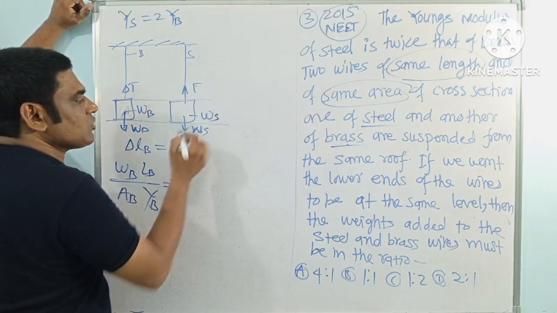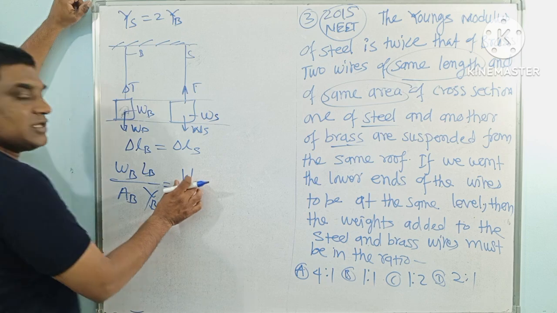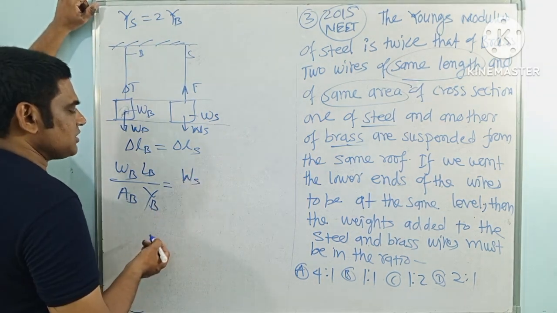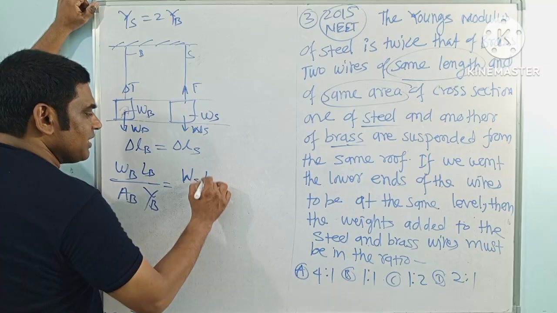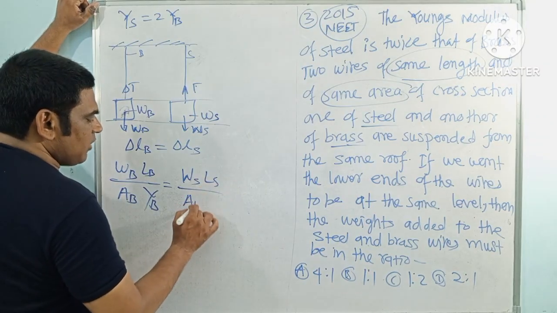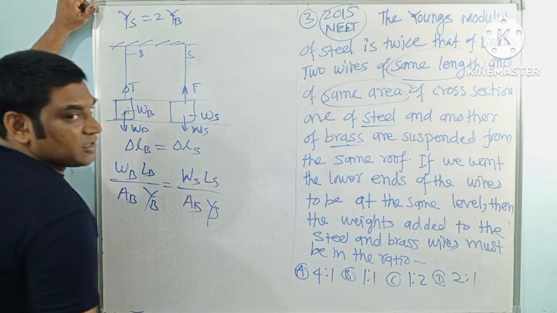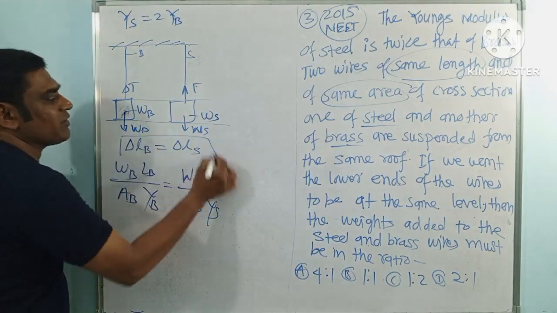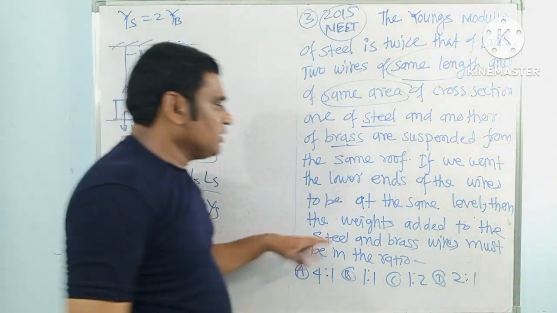So this tension is equal to WS. So load here, or F here, is WS, weight of the steel, into length of the steel, by area of the steel, Young's modulus of the steel. Okay, this we can write because this is given, right?